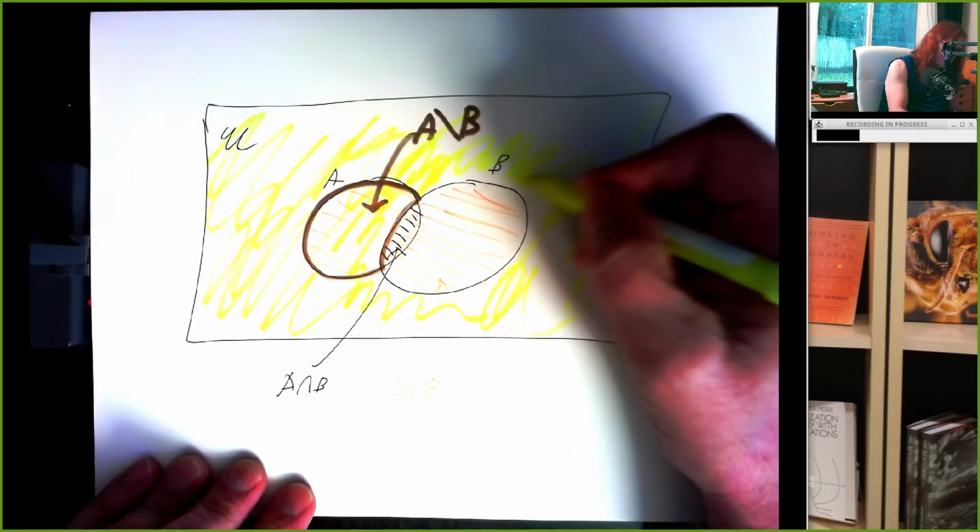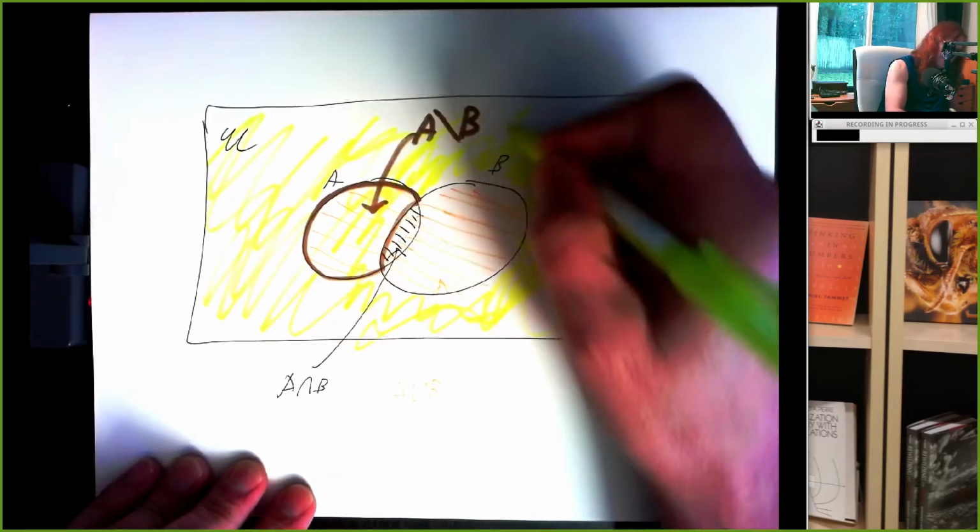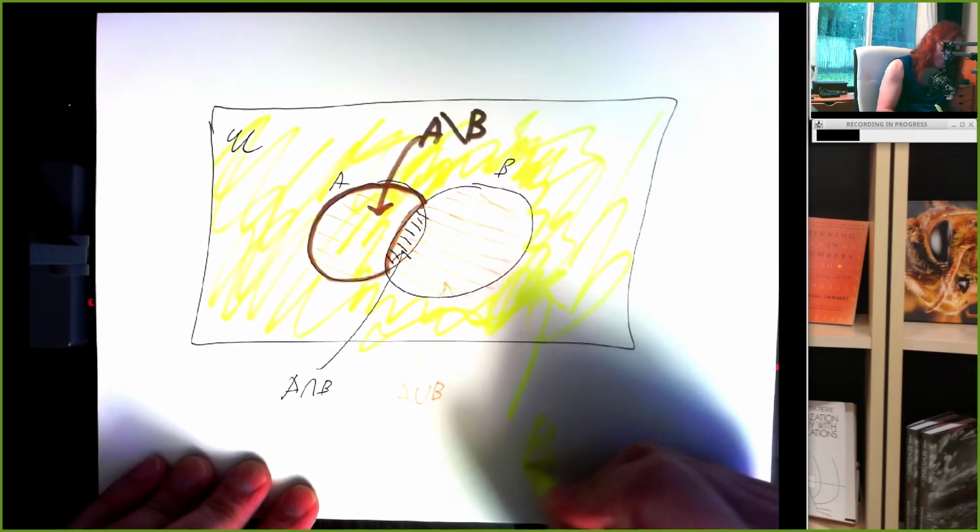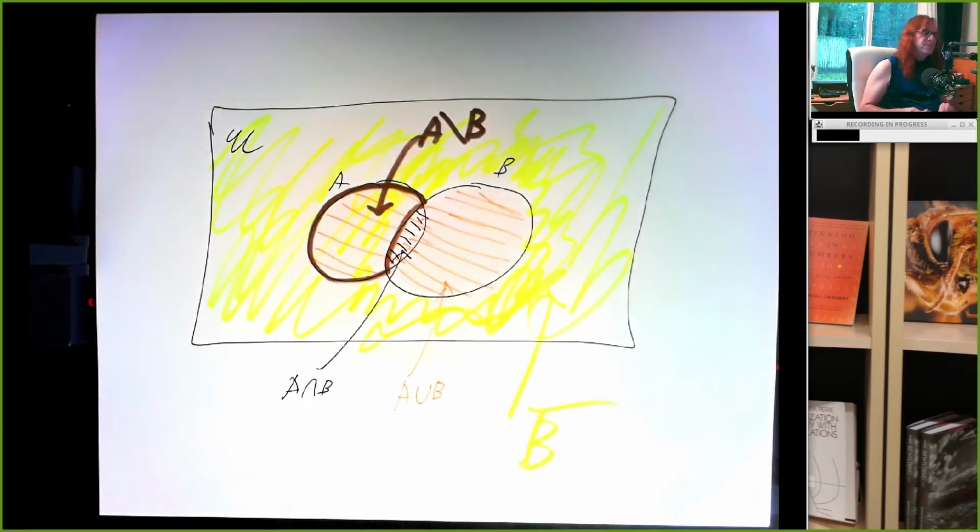Everything except B. That's the complement of B. That's the monochrome version if you're having trouble seeing the yellow.